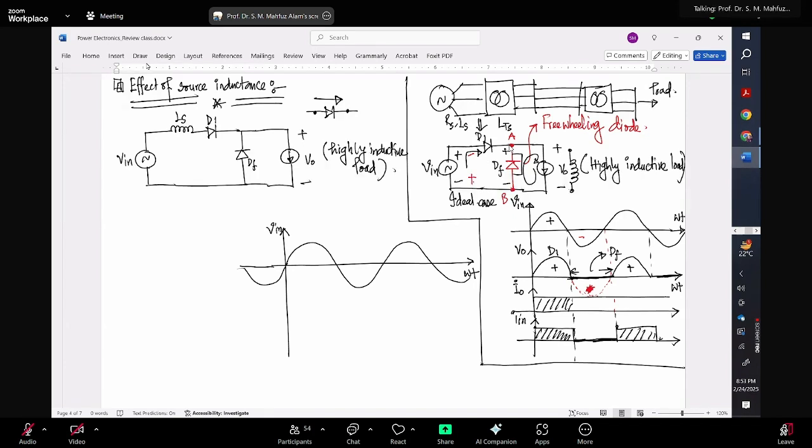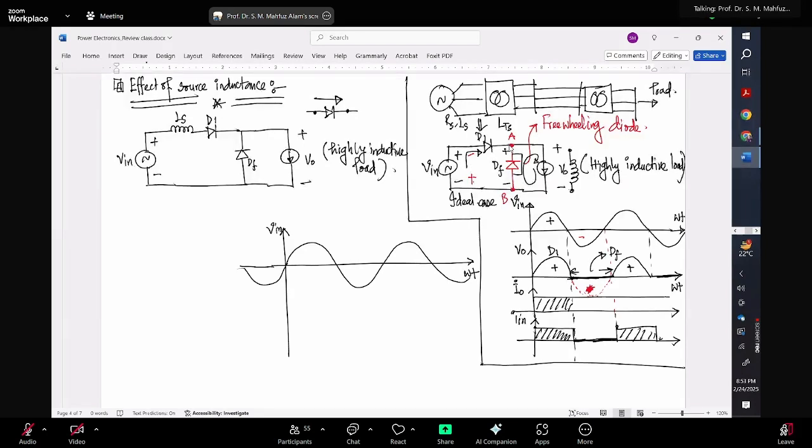Now during the positive half cycle, as you know, this diode D1 will try to operate, right? And during the negative half cycle, which diode will try to operate? DF. So for the negative half cycle, this DF will try to operate. Now, since we have an inductance between the input and the output, let's see what happens.